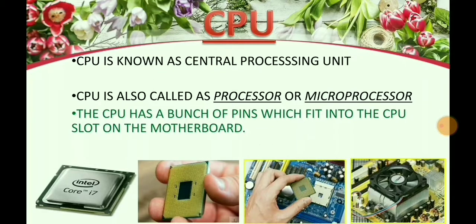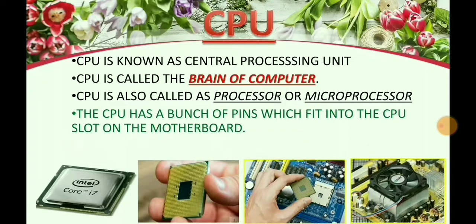You know the importance of your brain for your body, how important it is for our body. We cannot do anything without our brain. All the movements of our body are controlled by brain. In a similar way, this CPU acts as the brain of the computer.